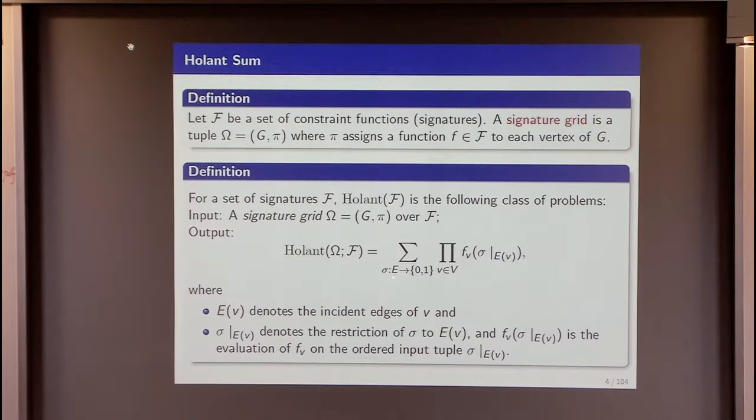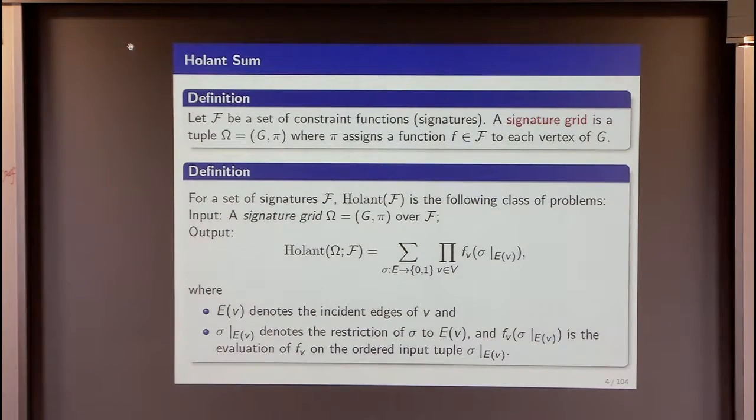And then, of course, this really is an example of this framework of addressing counting problems, where you think about a graph, you think about a set of constraint functions sitting on the vertices, and then the edges are variables. Let's just think about 0, 1 assignments of the variables, and then you evaluate at every vertex. So here, for example, is a non-0, 1 example where if you say, I want to talk about edge coloring, okay, so you pick red or blue or green, 3 different possibilities for the edge.